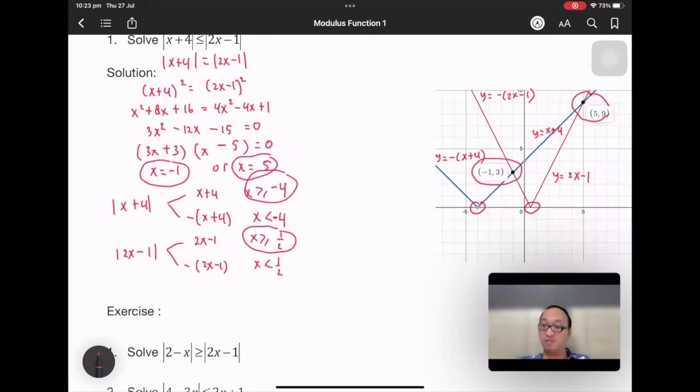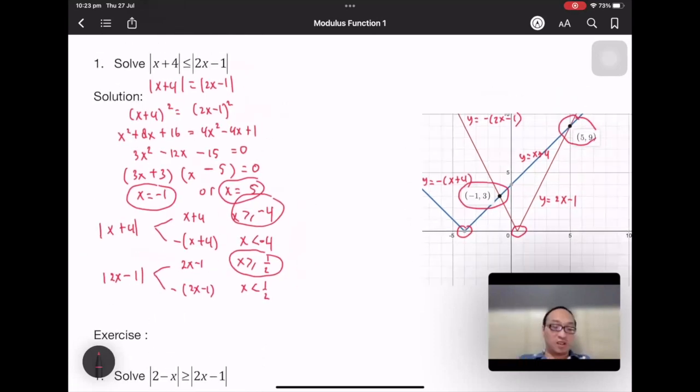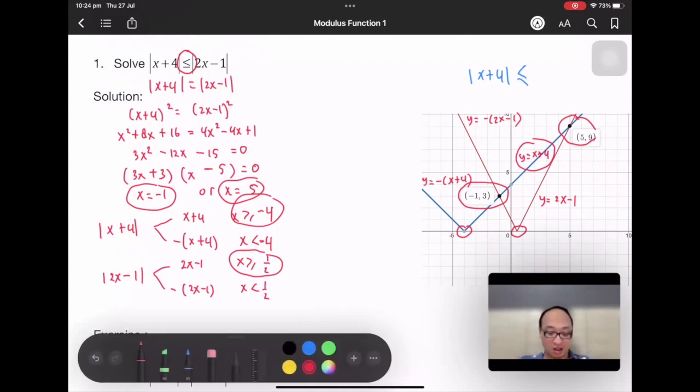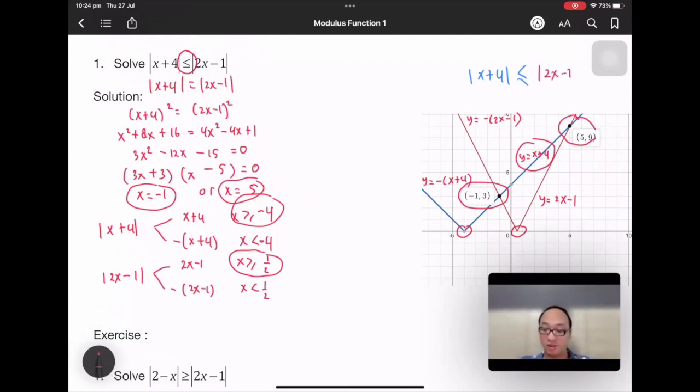Now, the inequality says the absolute value of x plus 4 should be smaller than the absolute value of 2x minus 1. So that means the blue one, x plus 4, should be smaller than the red one, 2x minus 1.